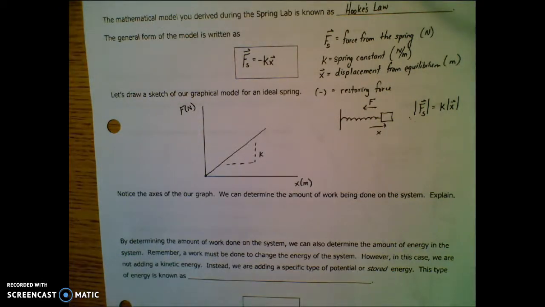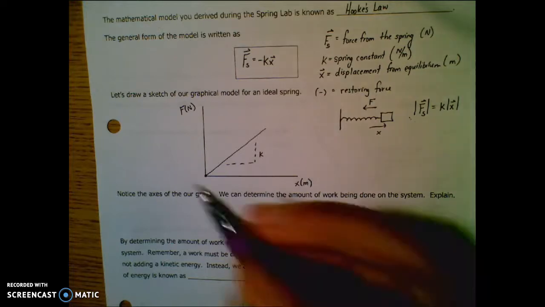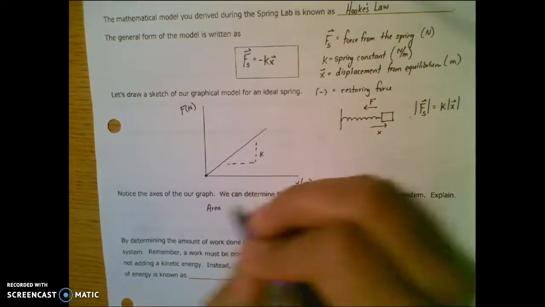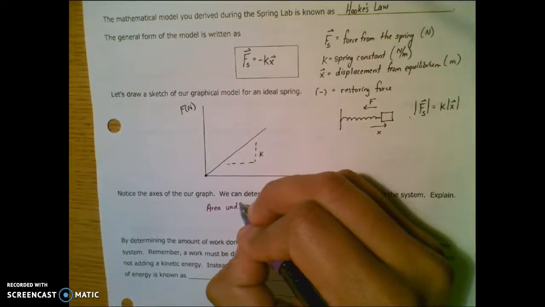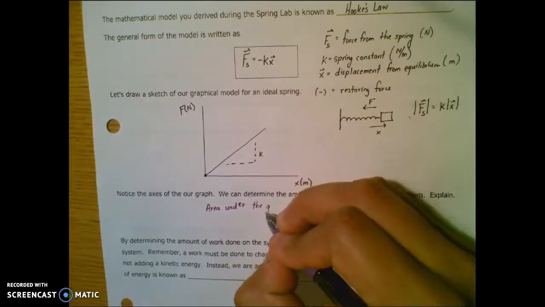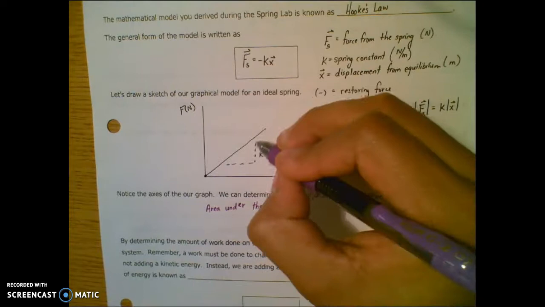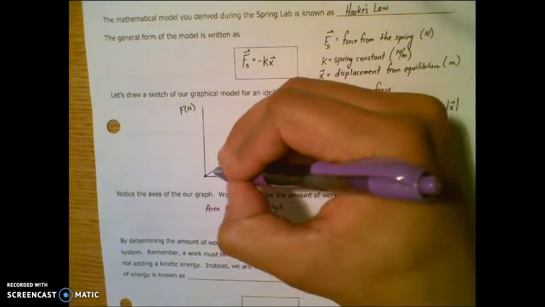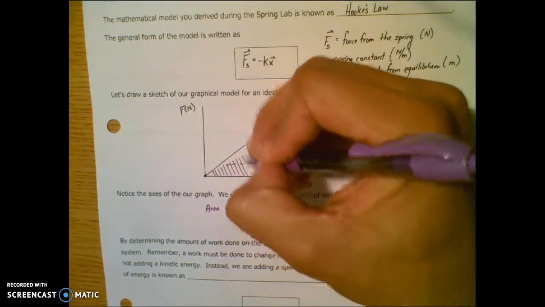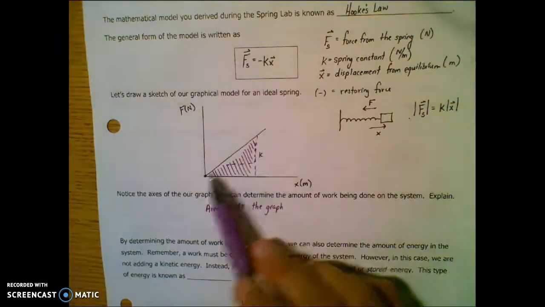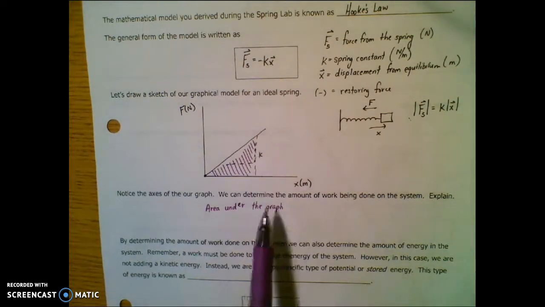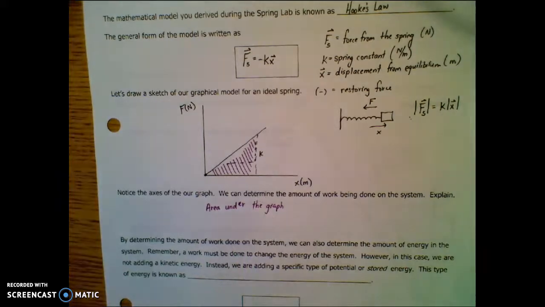And if you want to find the work done from a force displacement graph, you're simply looking at the area under the graph. So if I were to calculate the area under this graph, I would be able to determine the amount of work that was done on this spring for that displacement.